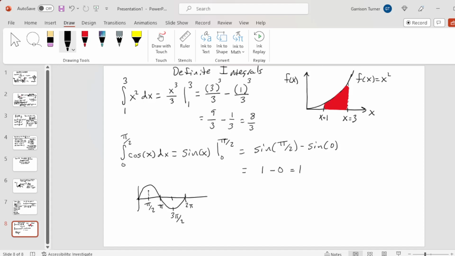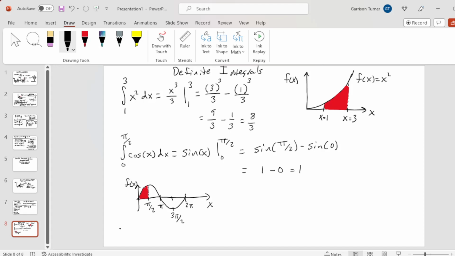So the area of this shaded region right here is equal to 1. That's what that result is telling you. The area of that shaded region is 1 if this is x and if this is f of x.